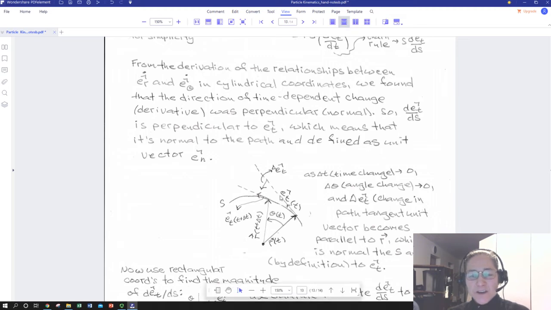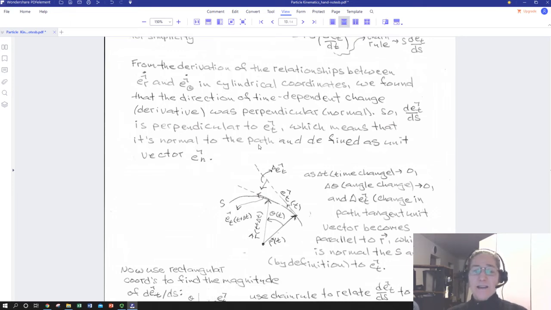So first the tangent's pointing up in this direction, and as we go down the path, ds, now it's not pointing so far up to the top of the page, it's kind of pointing more towards the side of the page. Well, the difference between this direction and that direction is kind of downwards. So delta e_t. And isn't that looking kind of a little bit more like it's pointing in a normal direction, kind of a radial direction at that point?